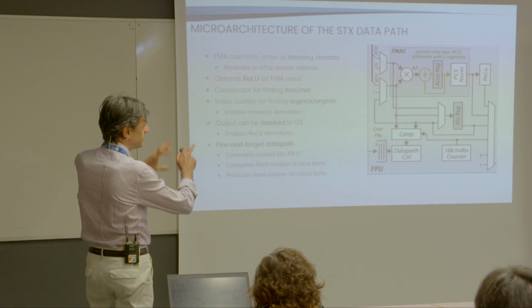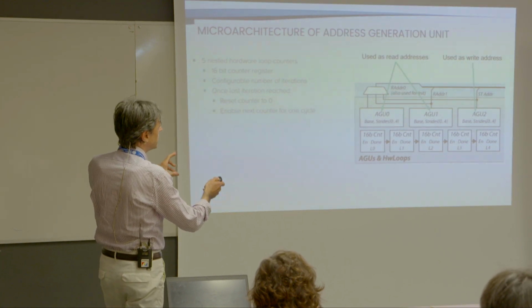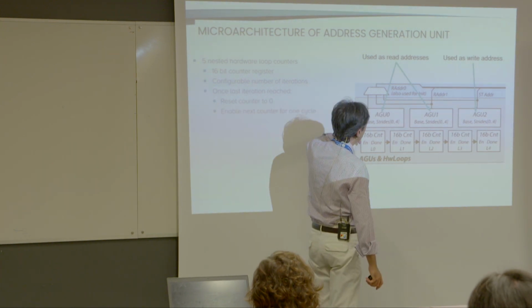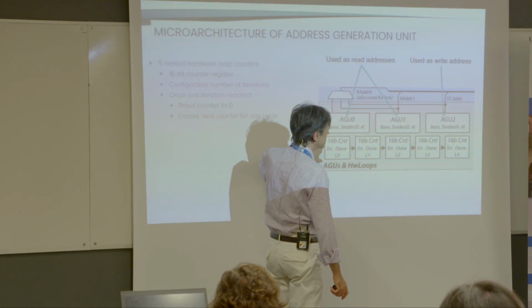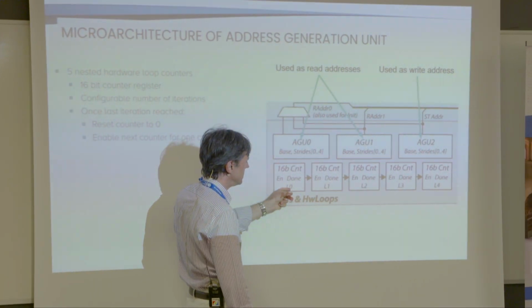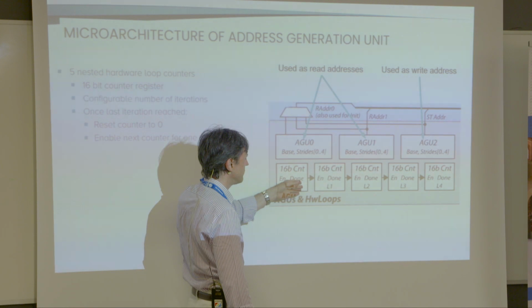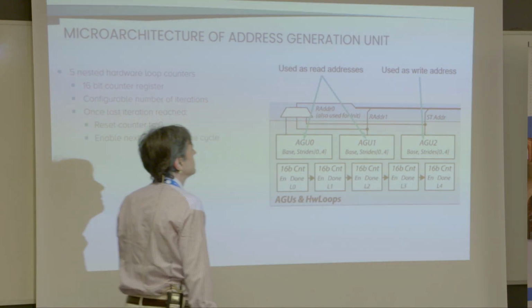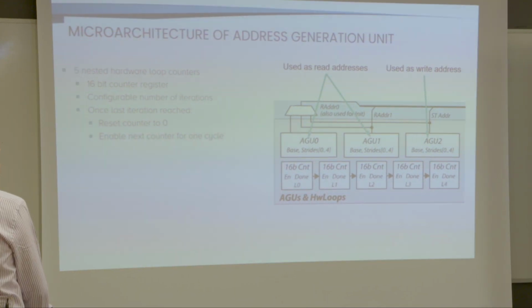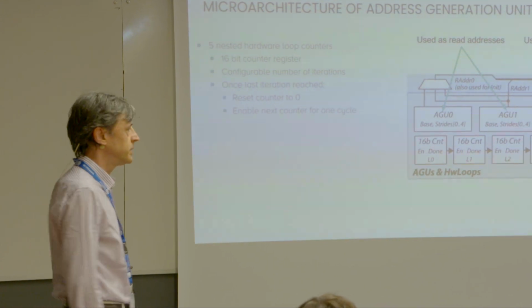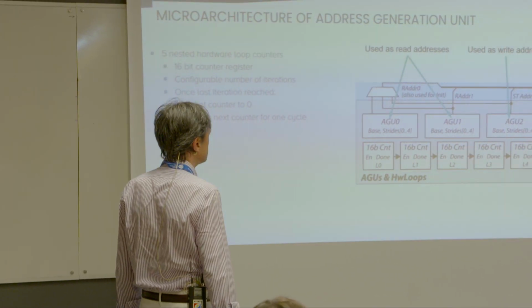But this is not the end of the story. You have support, as I told you, for nested loops in hardware. You have counters. When one counter ends its number of iterations, it triggers the next one, and so on. So you have the possibility of implementing up to 5 nested loops in hardware in this microarchitecture.